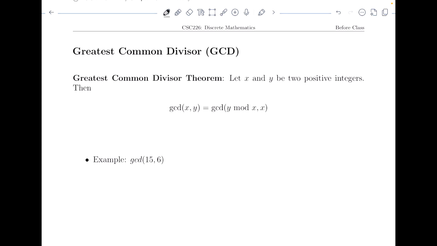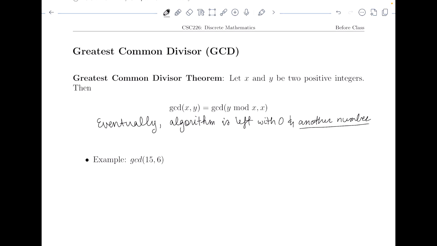If I keep applying this algorithm, eventually the algorithm is left with 0 and another number, and whatever that other number is the GCD.